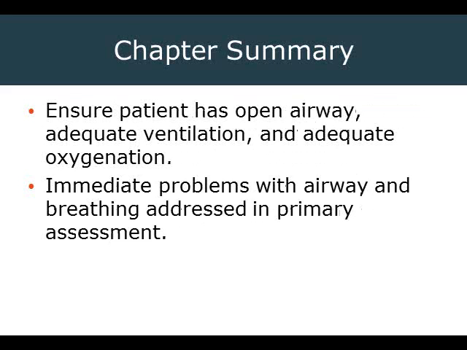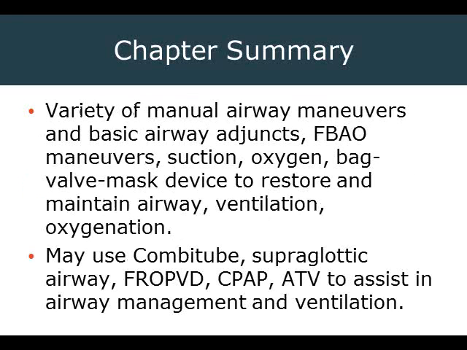Ensure that the patient has an open, adequate airway, the ventilations are sufficient, and oxygenation is appropriate. Immediate problems with the airway and breathing need to be addressed in that primary assessment. We have a large number of maneuvers and adjuncts that we can use to enhance ventilation, oxygenation, and airway management.